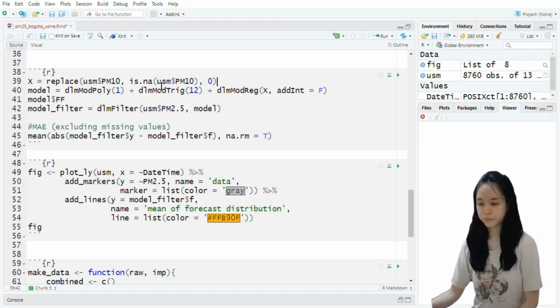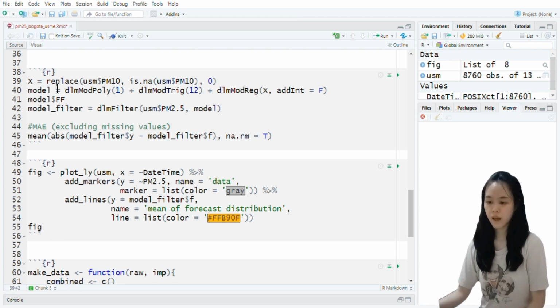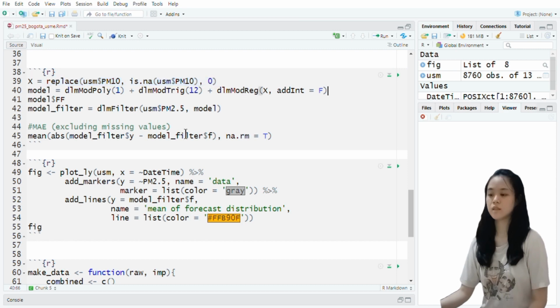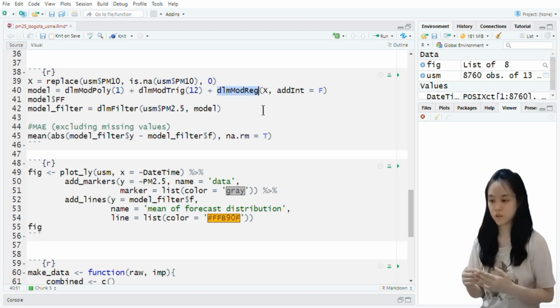Okay, so I want to tell you about the regressor. The regressor we are using here is PM10, which is particulate matter, but it is bigger, since the size is 10 microns or less. X is only of one variable, and since I set the intercept to be false, this regression model would be a regression through the origin.